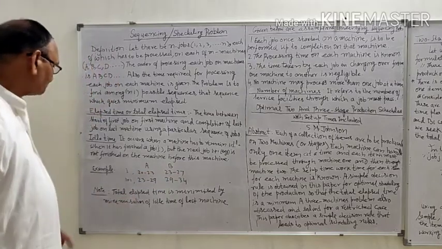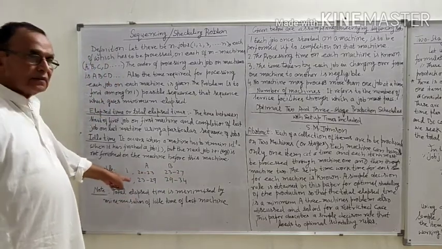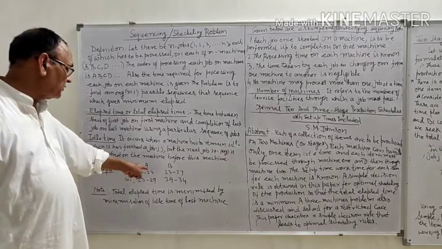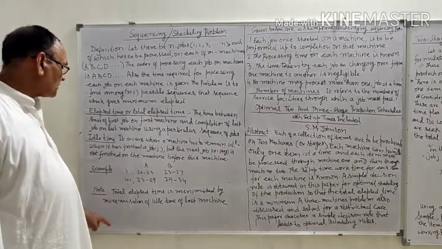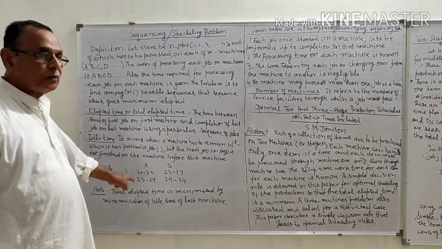Machine A is free at 23 and can take the next job at 23, there is no problem.